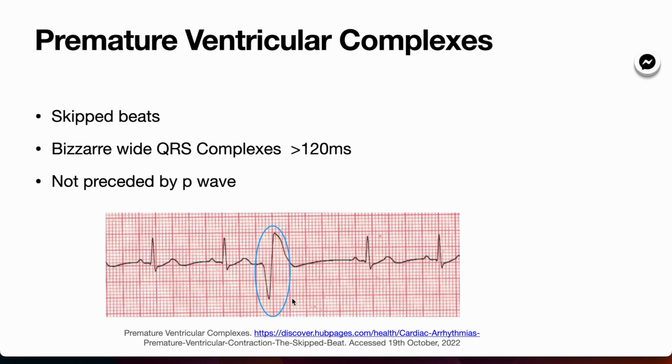The QRS complex is more than 3 small squares, or more than 120 milliseconds, and it looks really bizarre. It doesn't look normal like the previous 2 beats, but is rather abnormal in shape and size. So this is the premature ventricular complex.